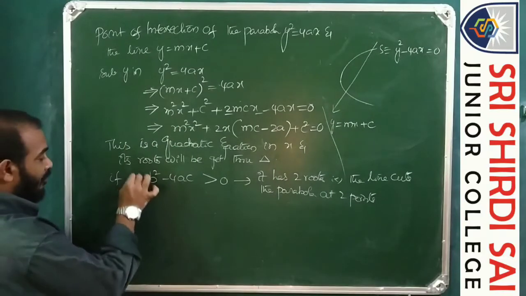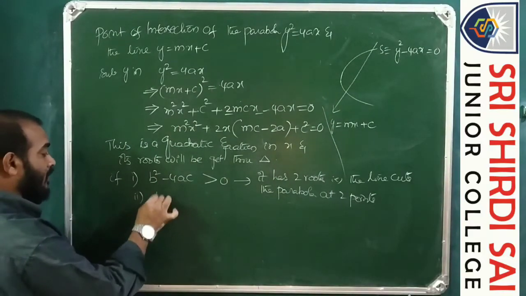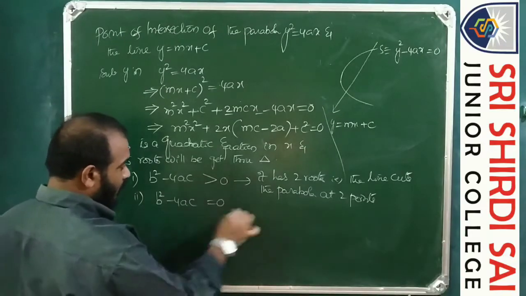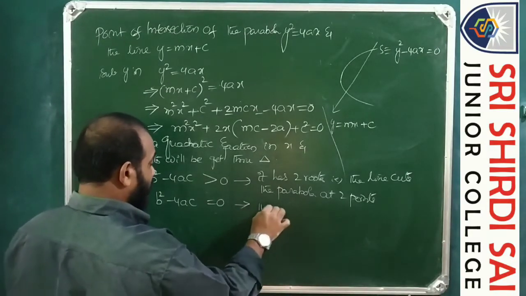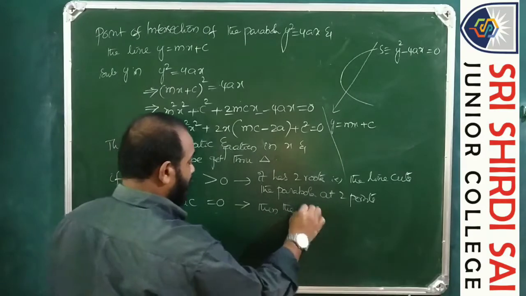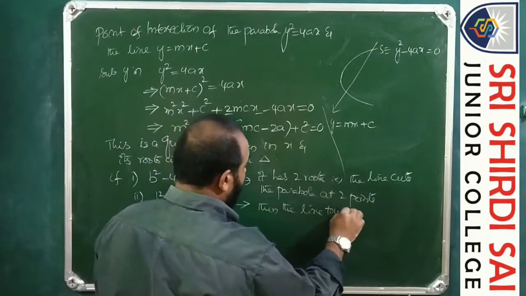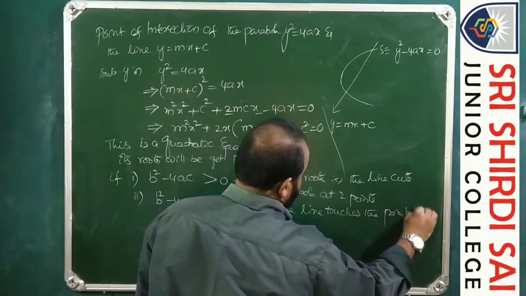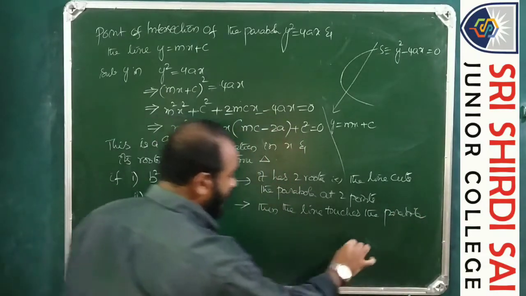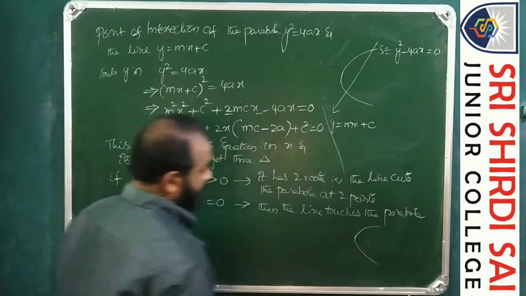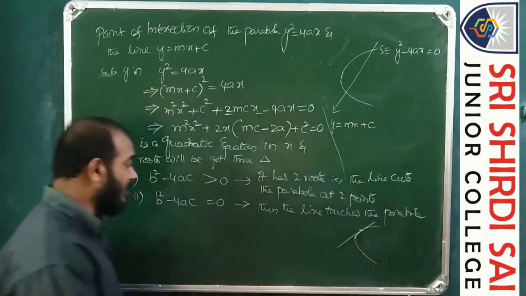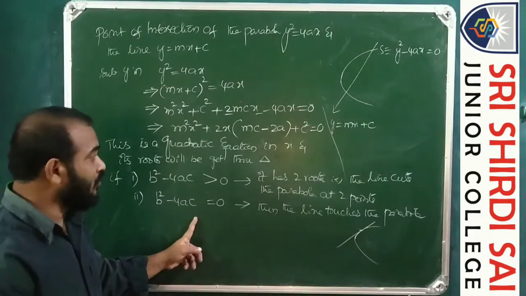In the same way, if b square minus 4ac equals 0, then the line touches the parabola.